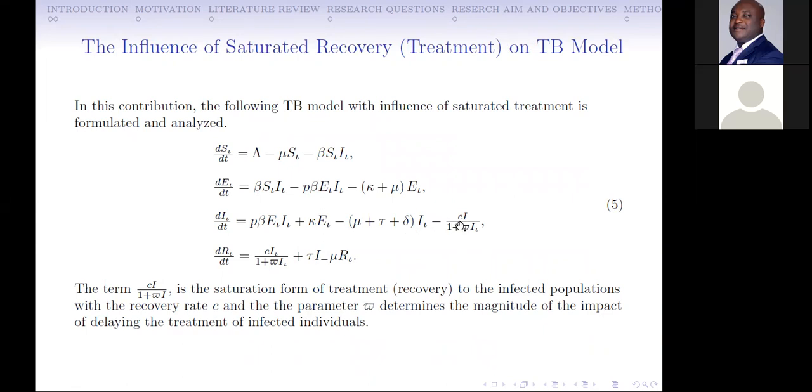As we can see here, this term represents the saturation treatment to the infected population. C represents the recovery parameter, and the omega here determines the magnitude, the size of the impact of the delay of treatment of the infected individual.